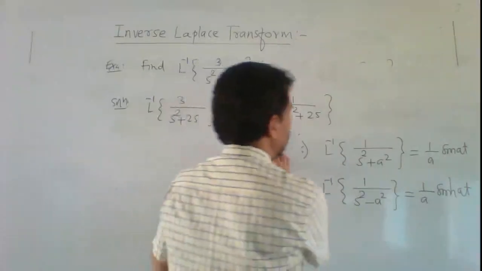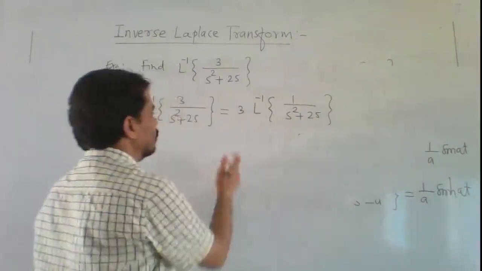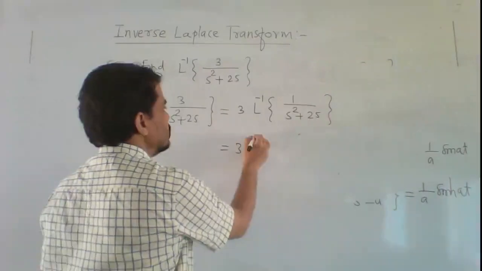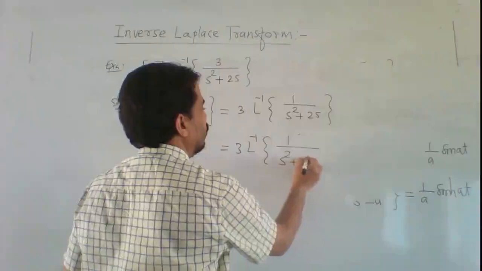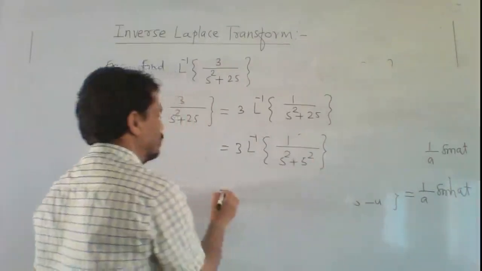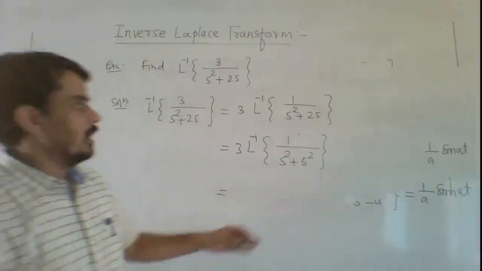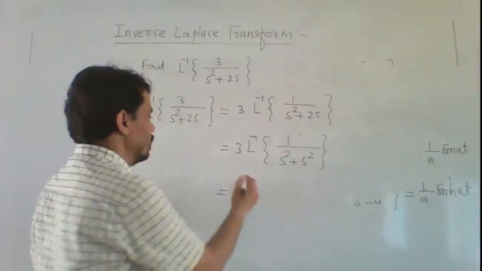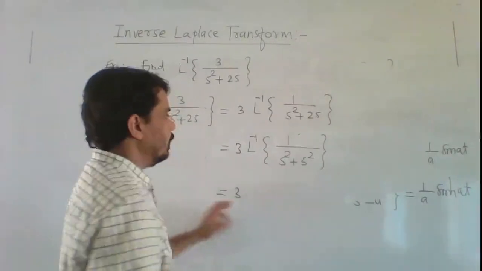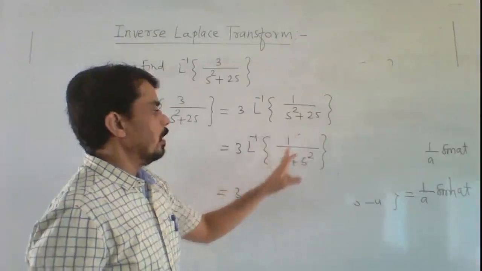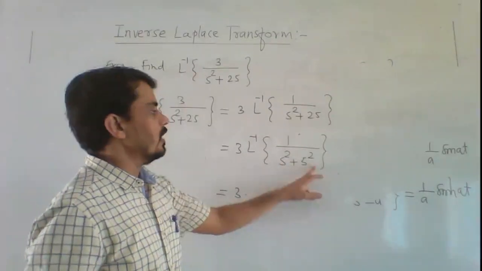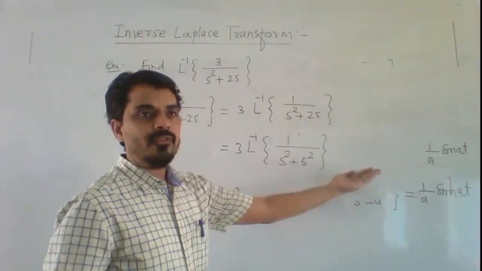This is equal to 3 L inverse 1 upon s square plus 25, which is 5 square. Then by the formula number 6, it can be written as 3 into, if there is 5, L inverse of 5 upon s square plus 5 square is sin 5t.